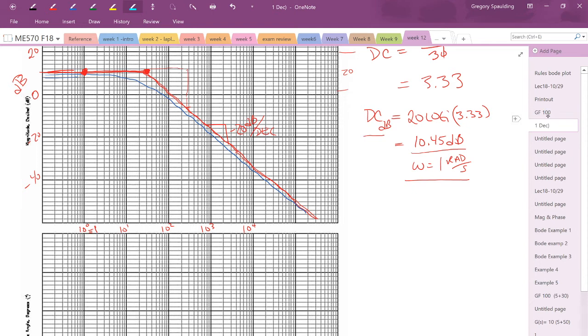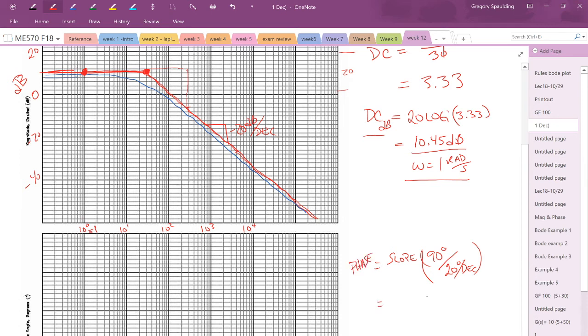All right, so our equation is slope times 90 degrees per 20 dB per decade. Okay. So that's our equation for our phase.